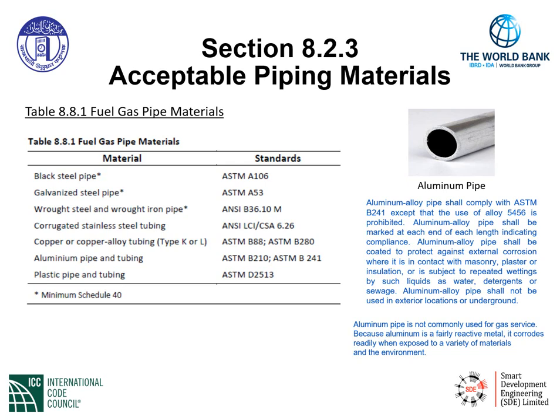Aluminum alloy pipe needs to be coated to protect against external corrosion, of course, when it's in contact with masonry, plaster, or insulation, or is subject to repeated wettings by liquids such as water, detergents, or sewage. Aluminum alloy pipe shall not be used in exterior locations or underground.